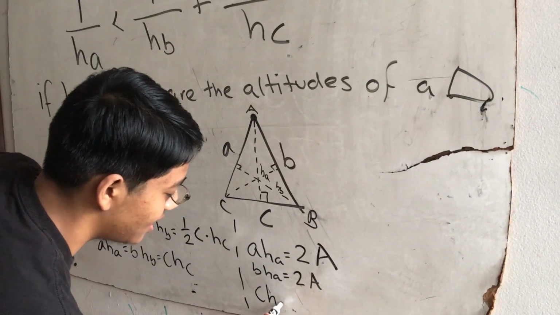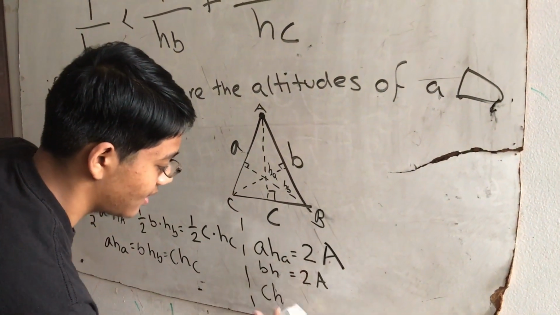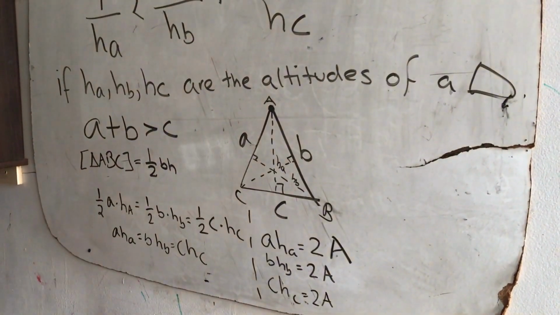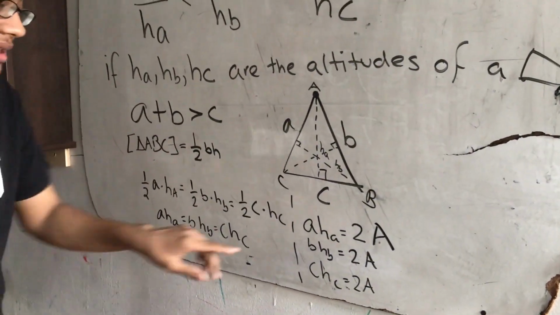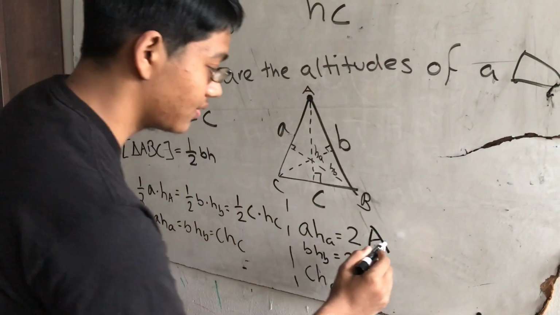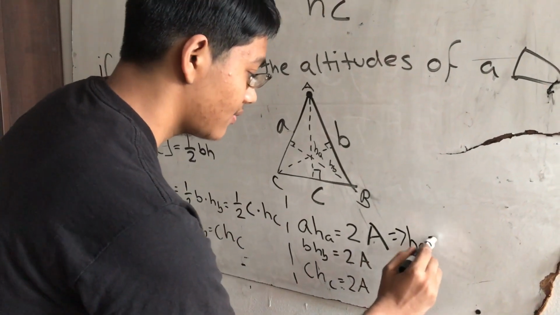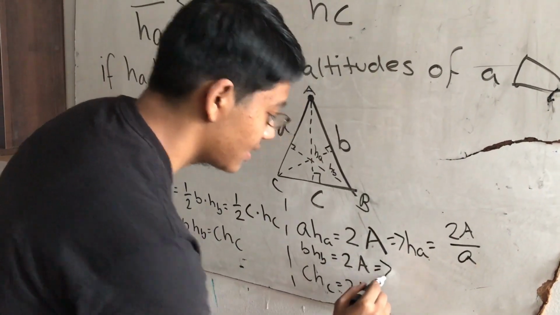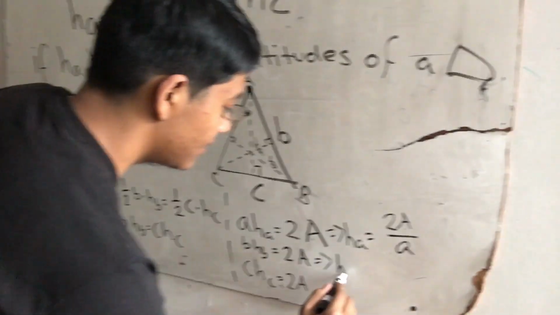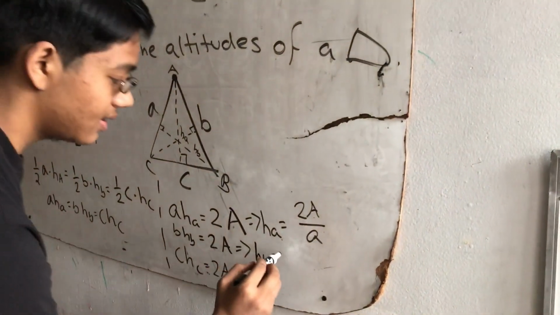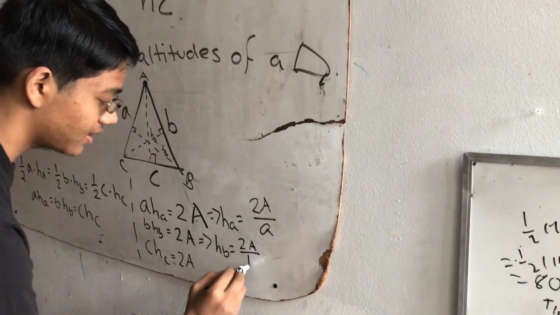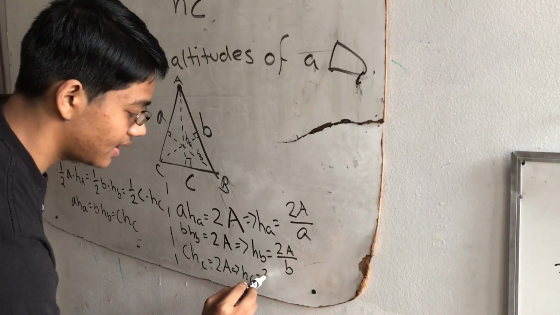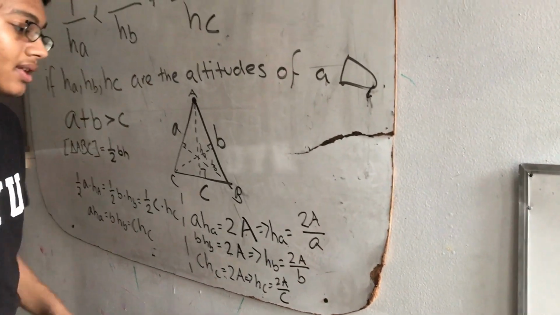And we can say the same thing about C times h sub C. So what does this allow us to do? Well, now we can just isolate the altitudes as follows. H sub A equals 2A over side A. Same thing over here: the altitude B is 2 times the area over side B, and the third altitude is 2 times the area over side C.